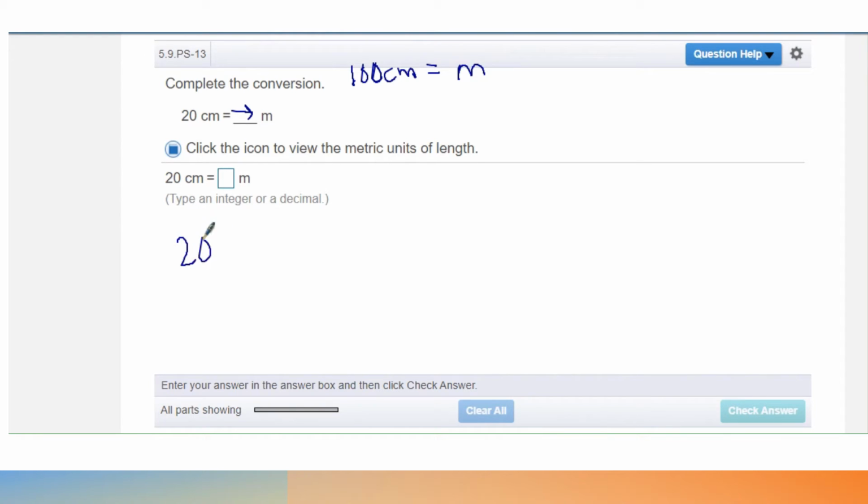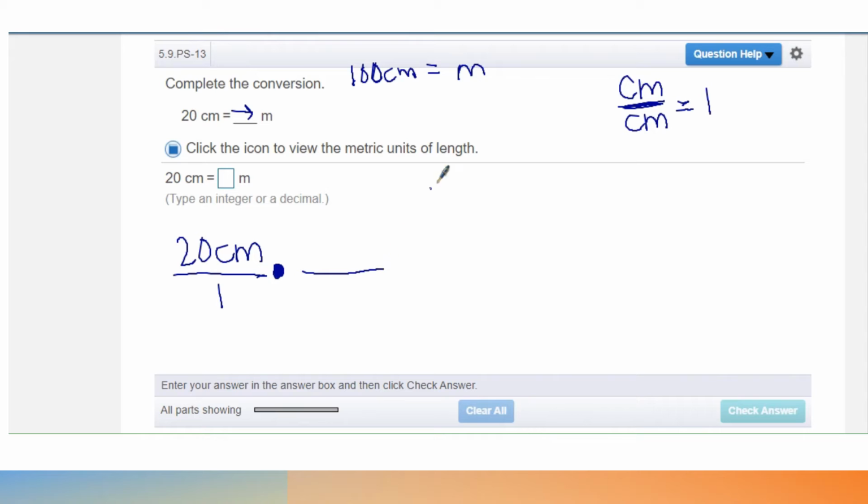So I'm going to use dimensional analysis. I'm going to put 20 centimeters. And since I'm starting with just 20 centimeters, I'm going to put this over 1. And then I'm going to multiply by my conversion factor. So since I have centimeters in a numerator, if I want centimeters to cancel out because I have multiplication in the middle, I need centimeters to go in the denominator, because centimeters divided by centimeters equals 1.